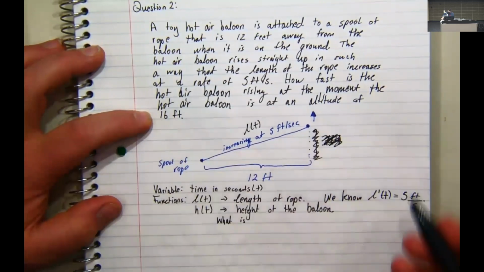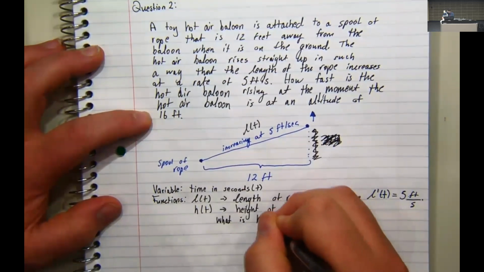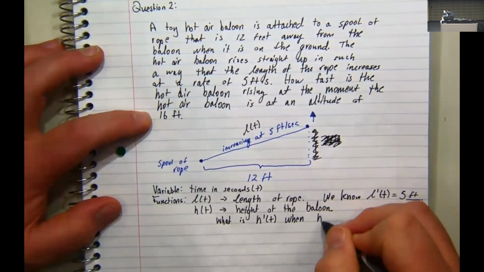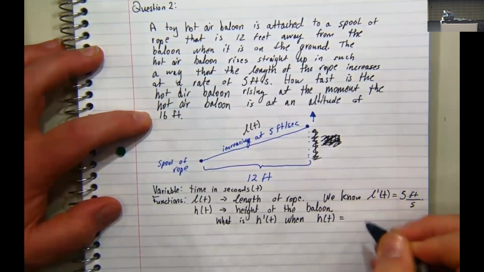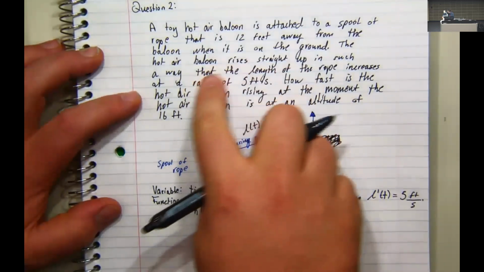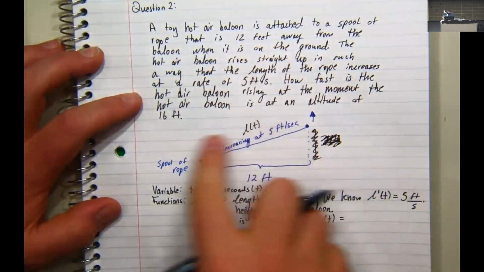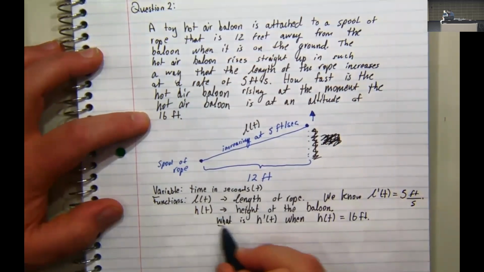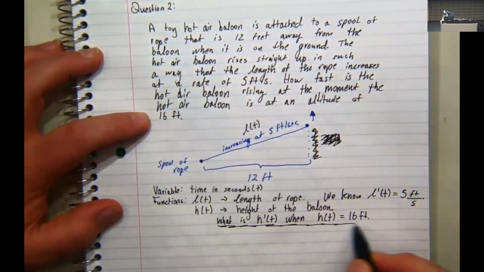So we are looking for h prime at t. What is h prime at t when h at t is equal to 16 feet? Yes, 16 feet. So this is what we are trying to find.